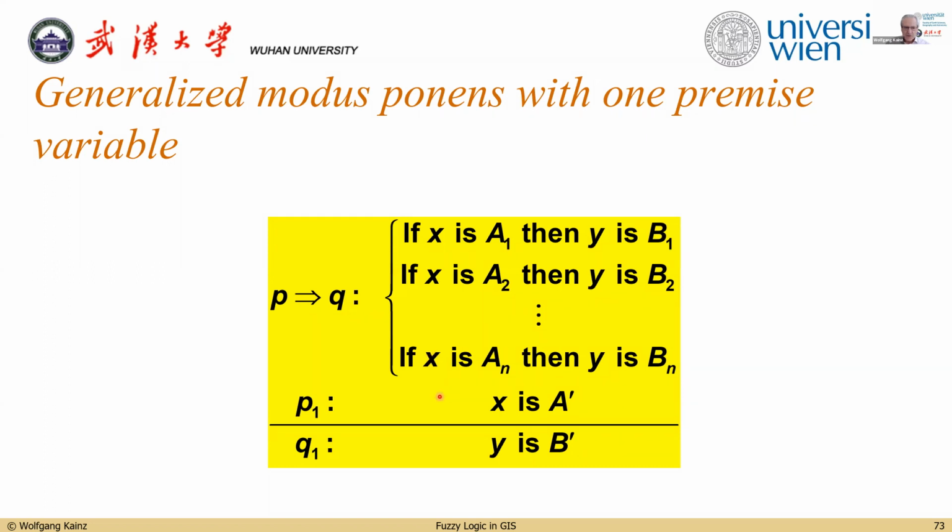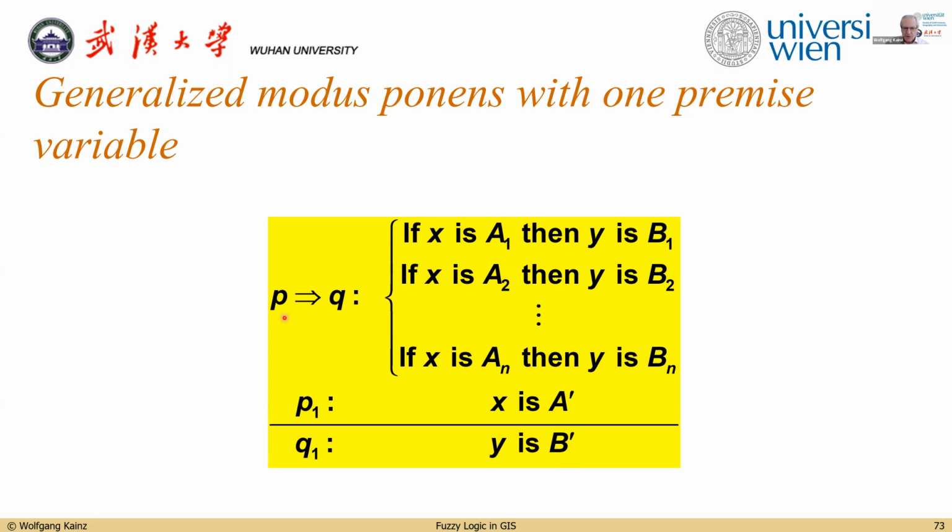And then we have x is a and y is b, meaning we have given values for x, giving us a conclusion value for b.